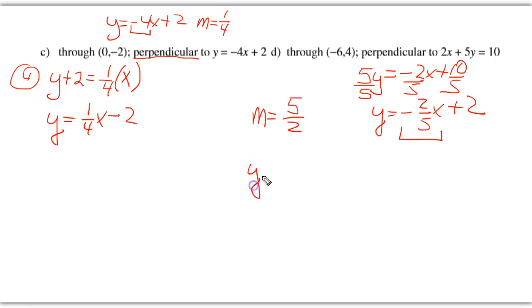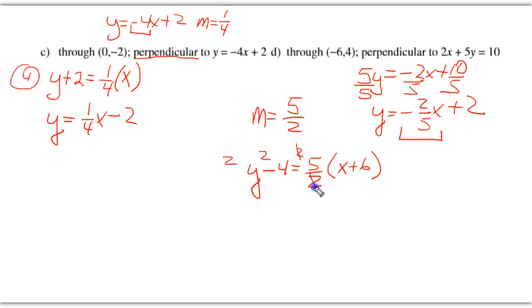So we go y minus 4 equals our new slope, 5/2, times x minus a minus 6 makes this a plus 6. And again, so we don't work with fractions, we're going to multiply everything by 2 for now.